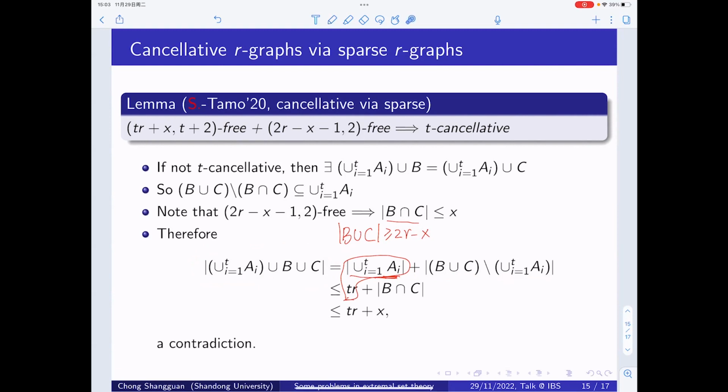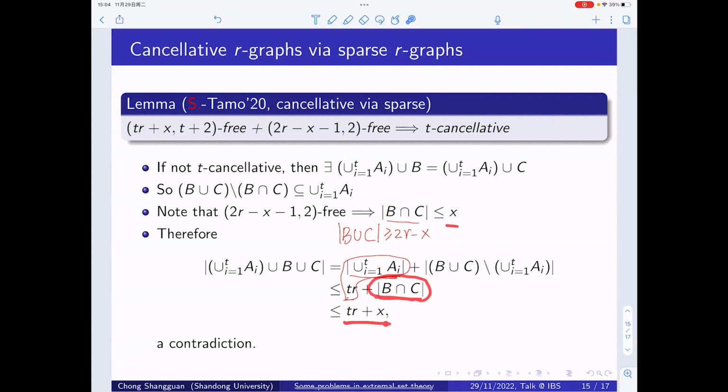And because of this equation, the union of B and C set minus the union of the A_i's is contained in the intersection of B and C. And we have shown that the intersection of B and C has size at most x.